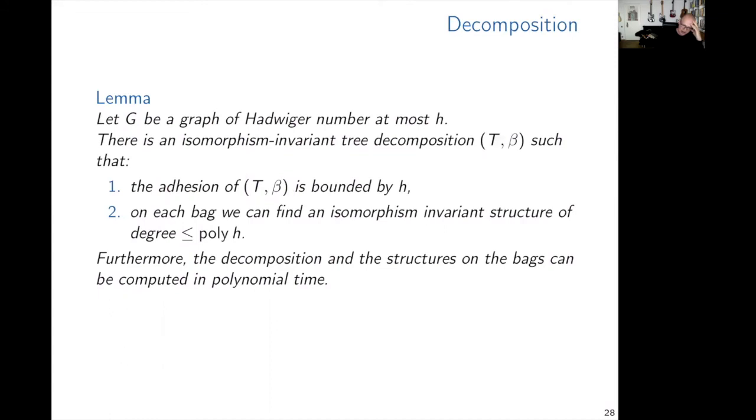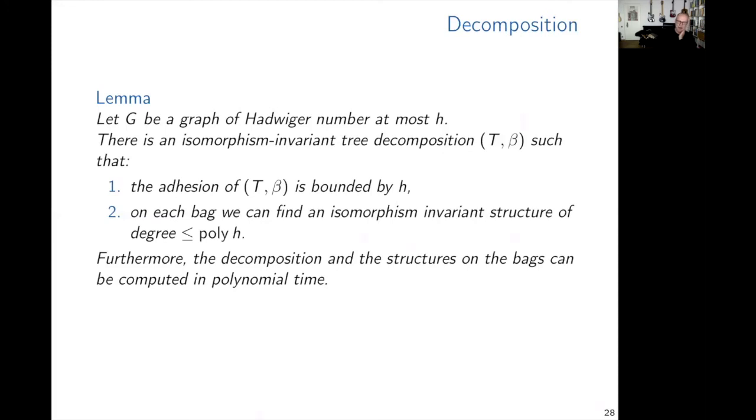The adhesion is bounded by h. And on each bag, we can find an isomorphism invariant structure of degree polylogarithmic in h. So before, instead of Hadwiger number, we had tree width. Other than that, exactly the same theorem. And again, we can compute everything in polynomial time. Okay, so that's what we proved.